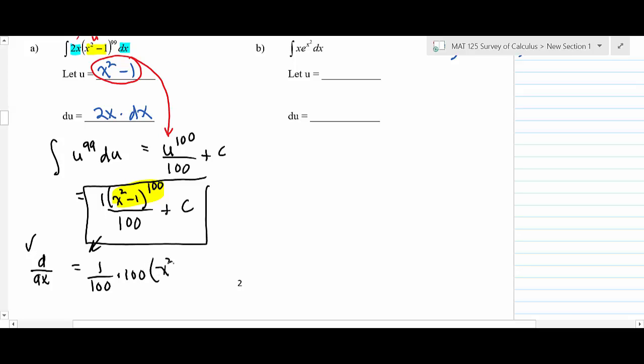You're going to leave that alone to the 99th power, but what else do you got to do by chain rule? 2x, the derivative of what's inside. Now notice the hundreds cross out, and this thing right here matches what you started with. See, it's got 2x and x squared minus 1 to the 99th. So that's why it's the right answer.